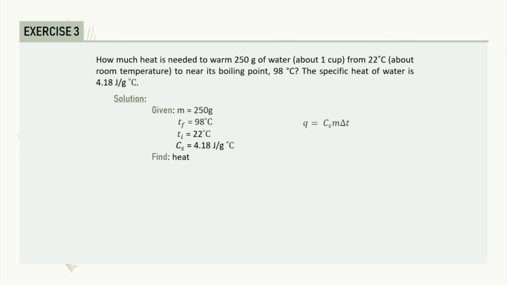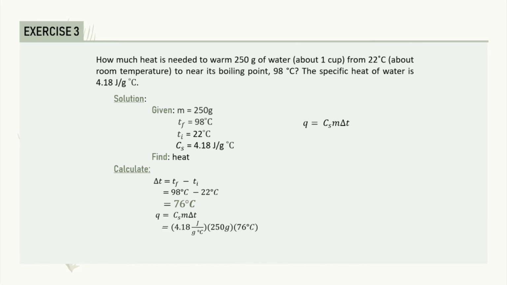We're going to find the heat, but before that, we're going to calculate the change in temperature. Change in temperature is equal to the final temperature minus initial temperature. 98 degrees Celsius minus 22 degrees Celsius is equal to 76 degrees Celsius.